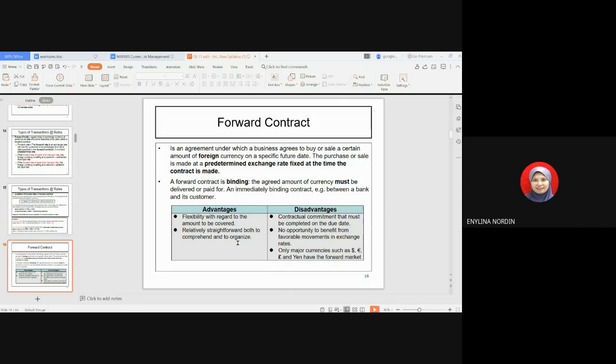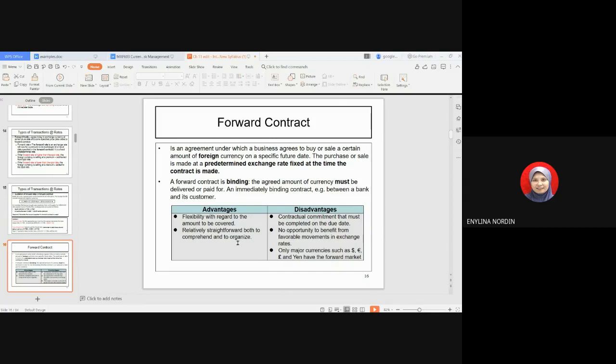So this is normally used by the company when the company forecasts that the home currency is going to depreciate. Why is that? Maybe if they do the import, they don't have to pay more in home currency. They will follow the exchange rate that is agreed or specified in the forward contract.